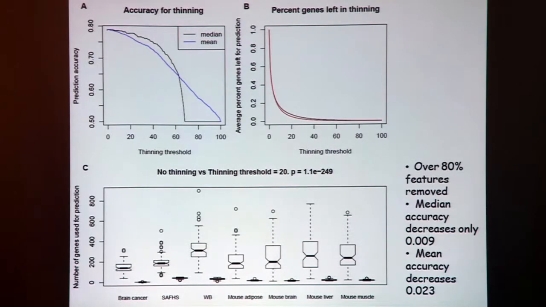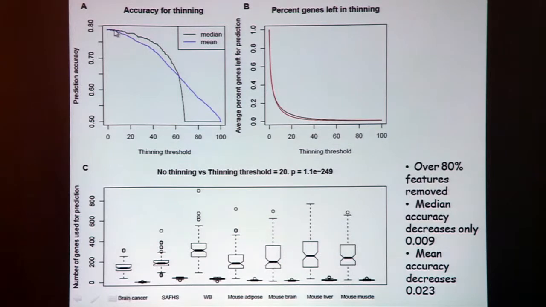And here I show you some plots of how the test set prediction accuracy depends on the thinning threshold. You notice that when I use a threshold of, let's say, 1 and 2 to remove genes, I barely affect the median accuracy.